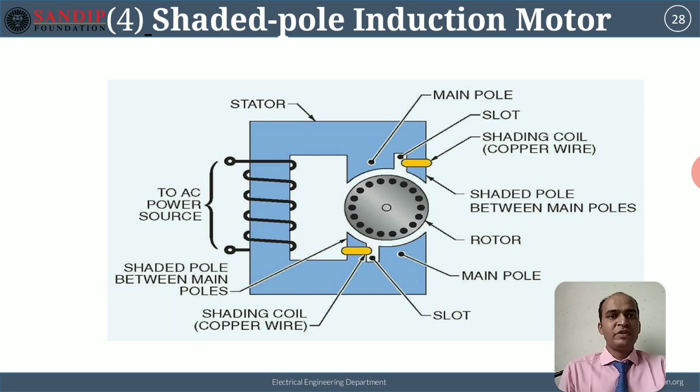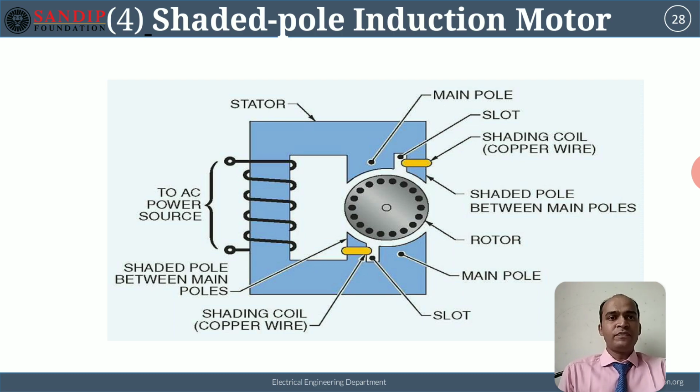Shaded poles are between main poles. When the stator winding carries current, it produces a flux phi m. This flux links with the shading band, and this band acts as a short-circuited secondary. The stator winding is the primary, and the circulating current induced in the band produces the flux phi s.